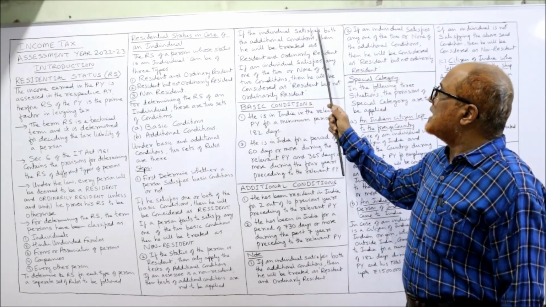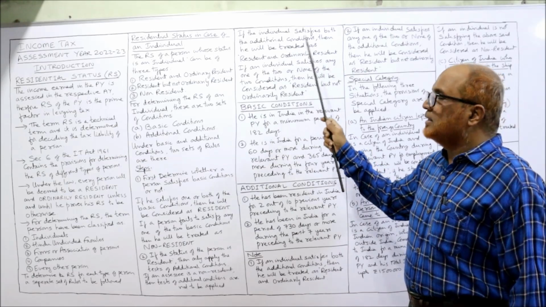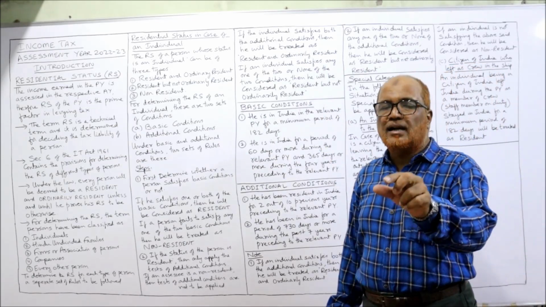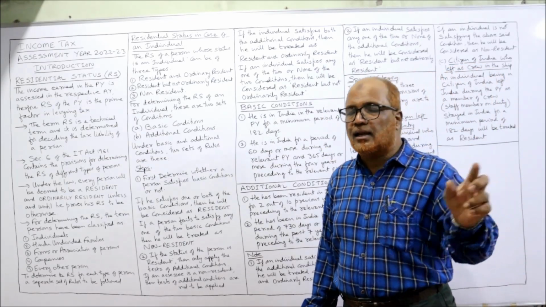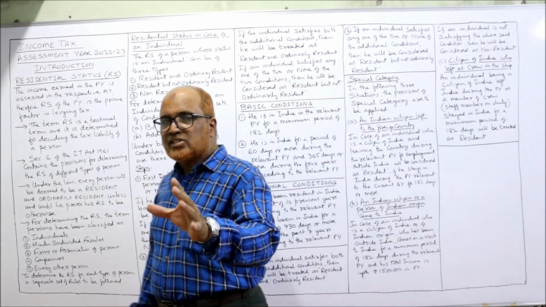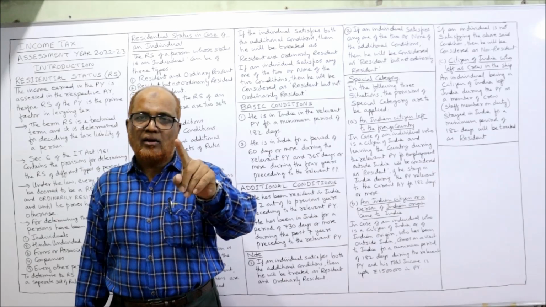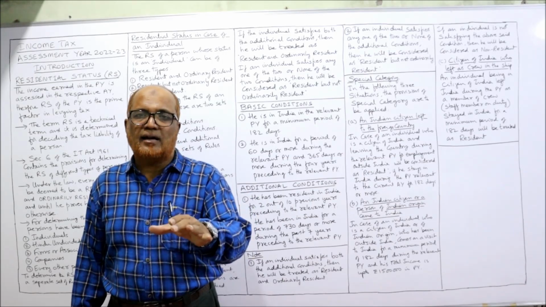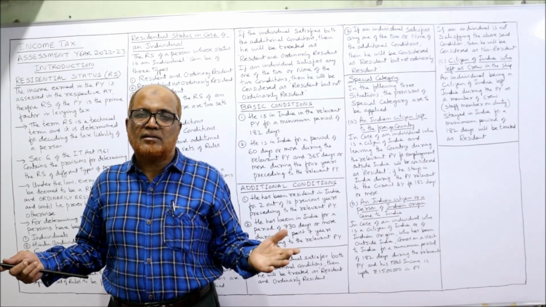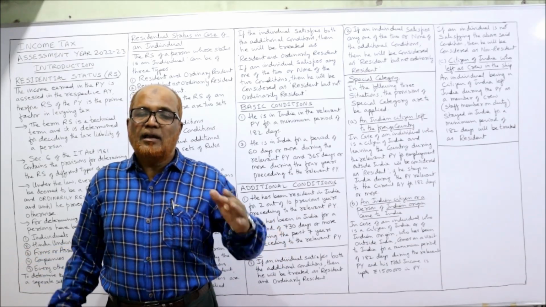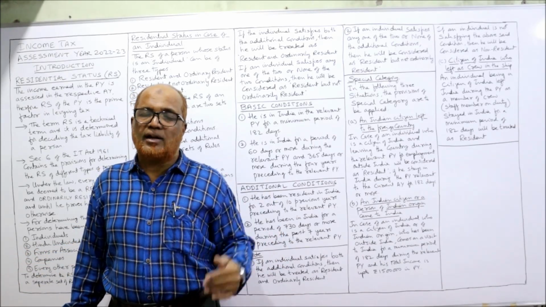Now, if the individual satisfies both the additional conditions, then he will be treated as resident and ordinarily resident. See, first of all, the individual has satisfied either one or both of the basic conditions. He has become resident. Now we are testing the additional conditions.